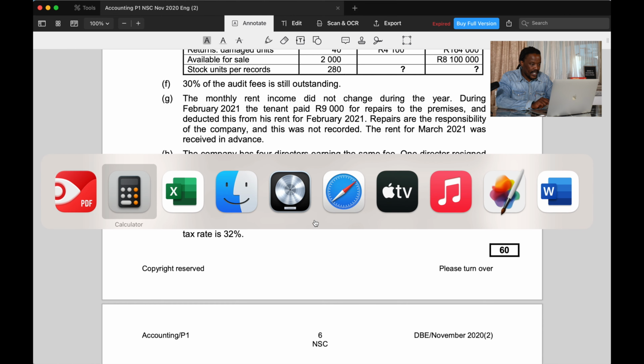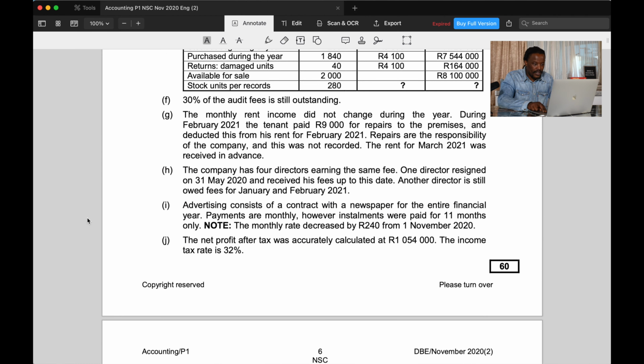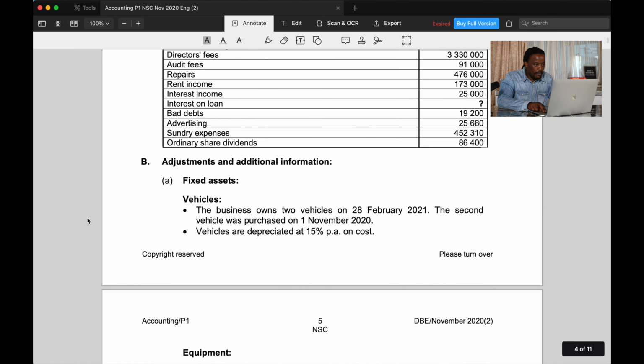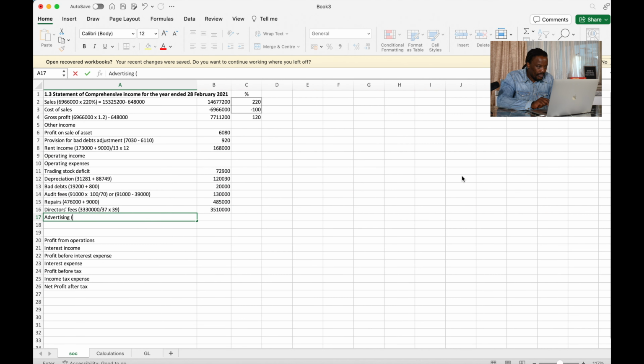Let's look at advertising. You look at what is given in terms of advertising in the pre-adjustment trial balance. You just scroll up quickly. Advertising 25,680.